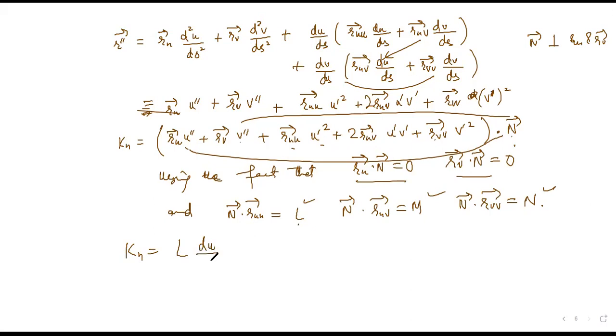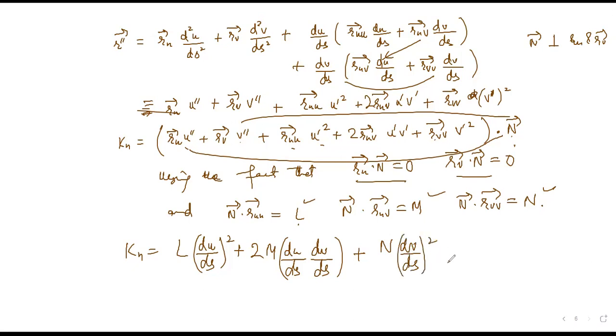So it should be L du by ds का square plus twice M times du by ds into dv by ds plus of course N into dv by ds का square.